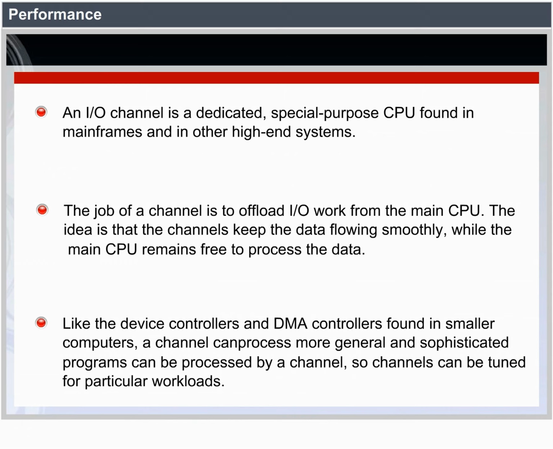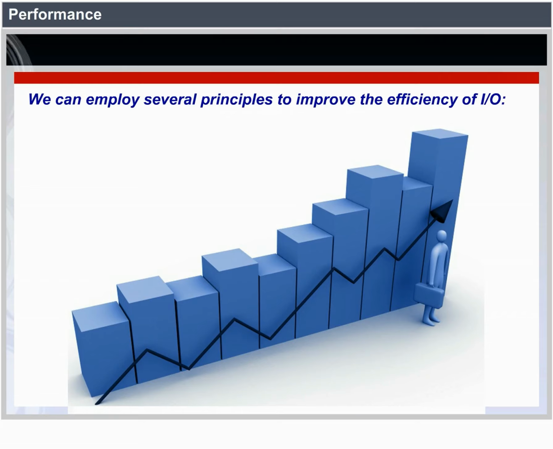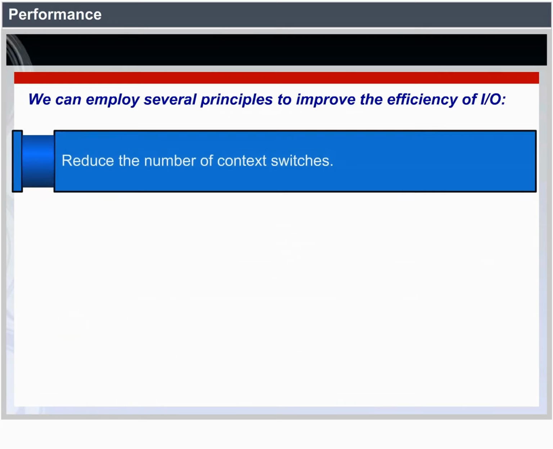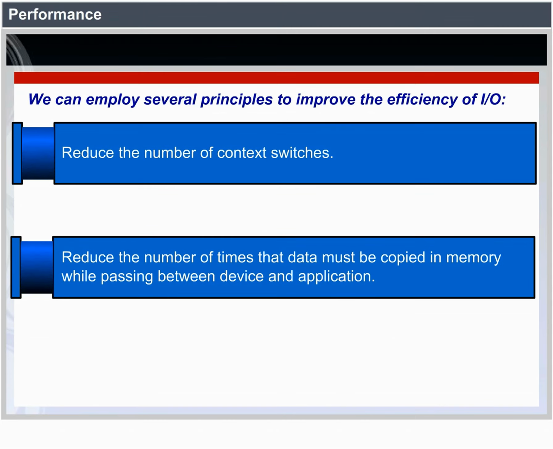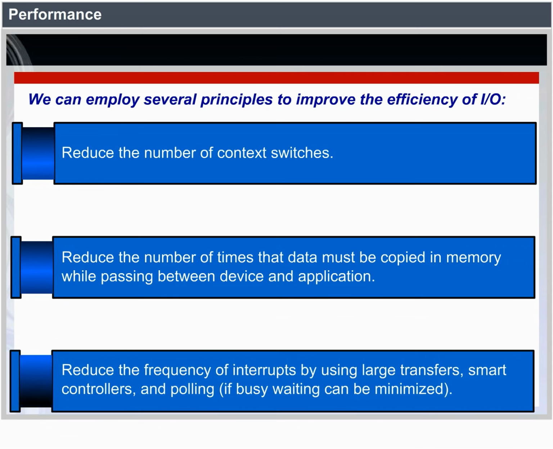We can employ several principles to improve the efficiency of input-output. Reduce the number of context switches. Reduce the number of times that data must be copied in memory while passing between device and application. Reduce the frequency of interrupts by using large transfers, smart controllers, and polling if busy waiting can be minimized.